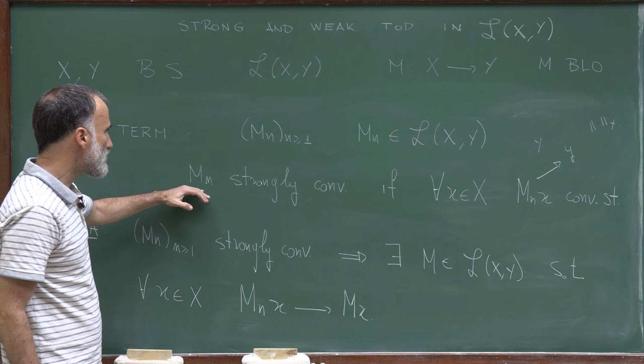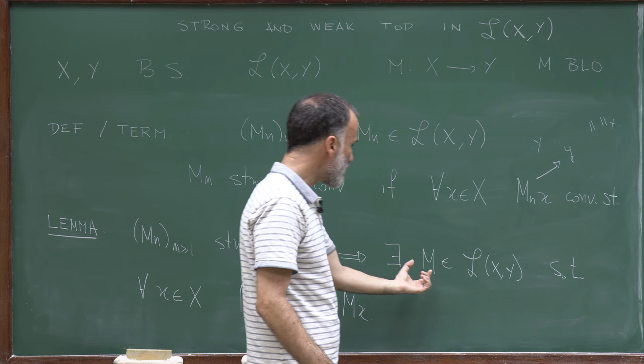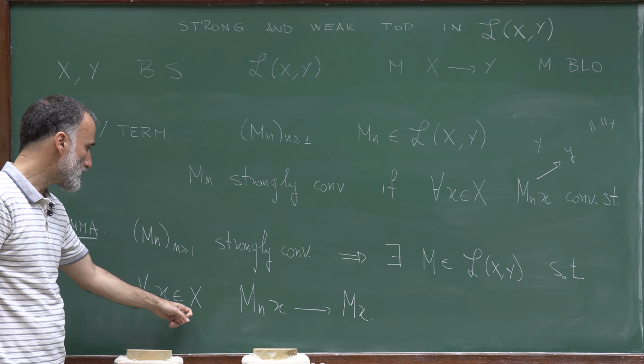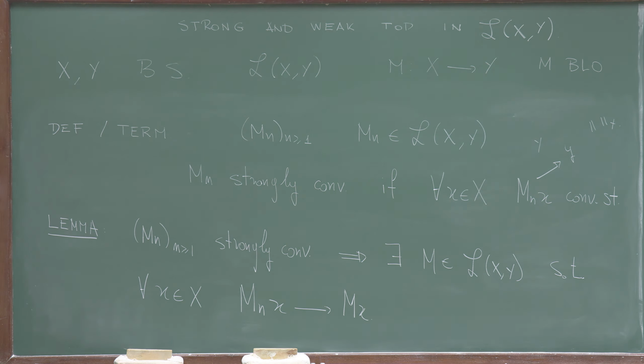So if we know that the sequence strongly converges, we can prove that there exists a bounded linear operator with the following property: for all x in X, Mnx converges to Mx.